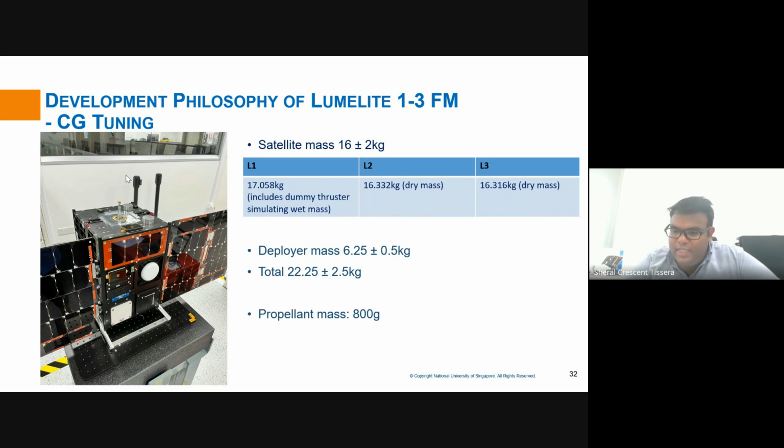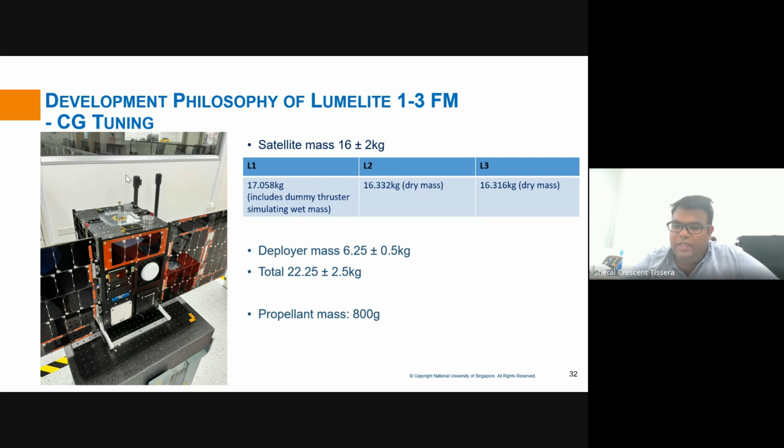Now for the formation maintenance, we have the position, velocity, and time information of all the 3 satellites, either from the GPS/GNSS receiver on board the satellite, or from TLE information provided by, for example, NORAD in USA.